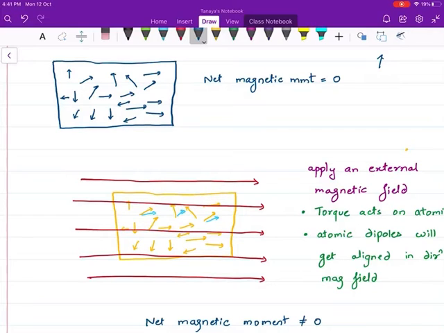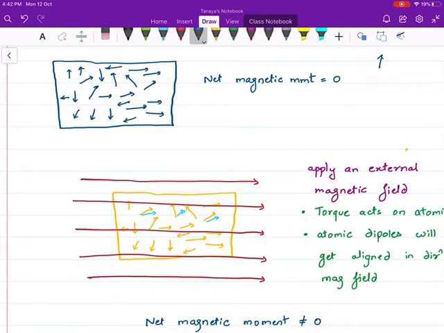So many atoms are present in that particular material, is it not? And the atomic dipoles are oriented randomly. All will not be pointing in the same direction. They are randomly oriented as shown in this particular diagram. See, few are acting upwards, few are acting downwards, few are towards right, few are towards left. So all are randomly oriented.